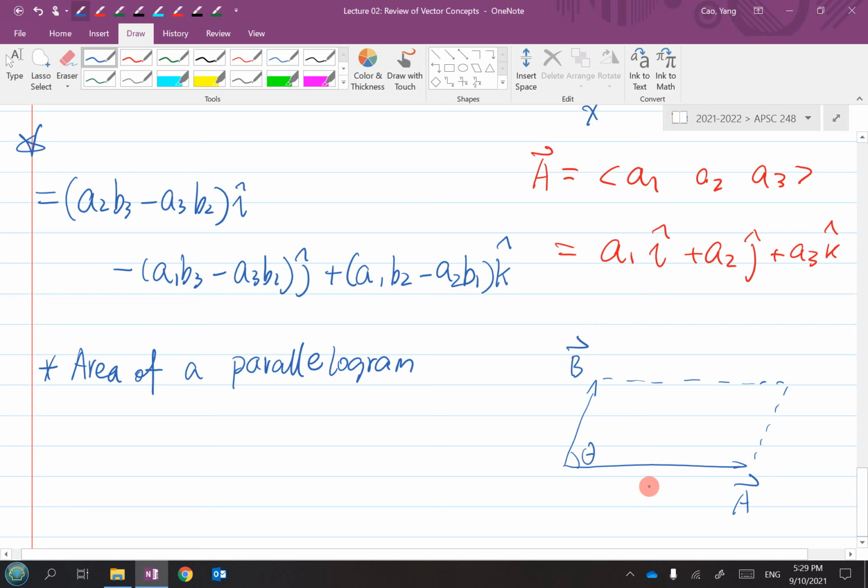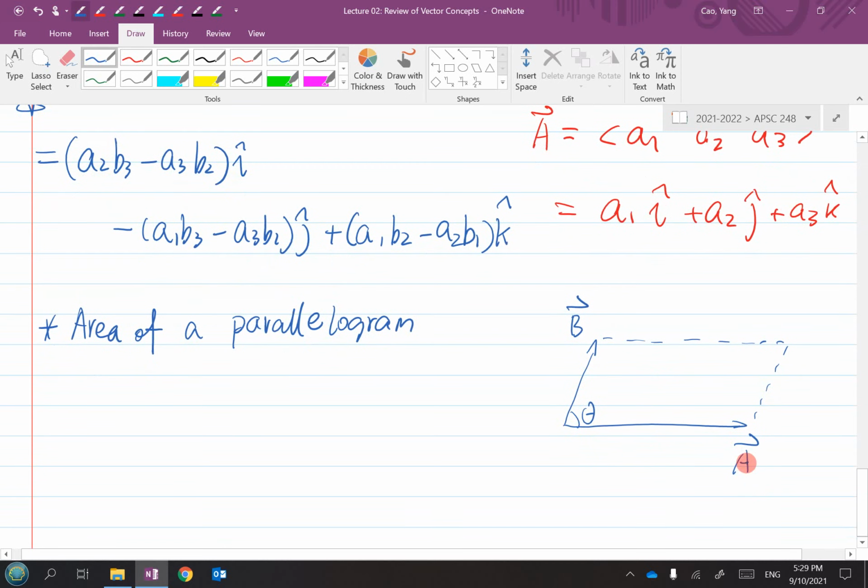We're trying to get the area. Of course, you can say I know the area of a parallelogram; we learned that in high school geometry. It should be pretty straightforward even if we don't know vectors. But this time, I'm going to relate the area of the parallelogram to the vectors A and B.